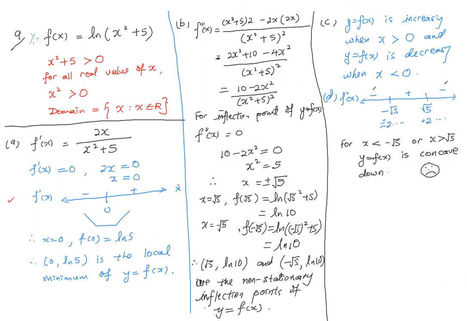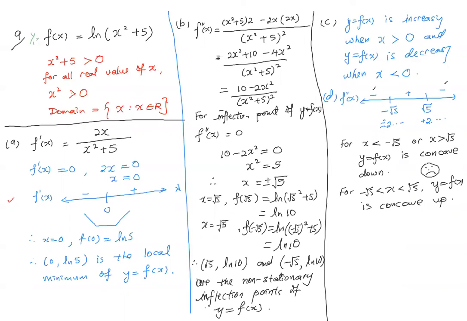Then for x between negative root 5 and root 5, y equal to f(x) is concave up. Okay, so done.